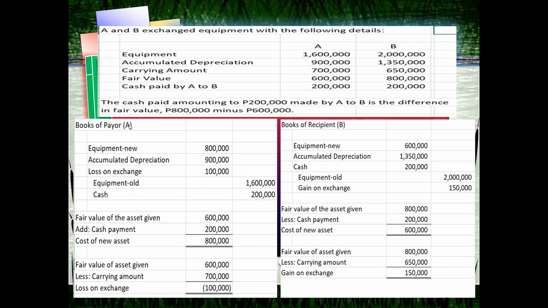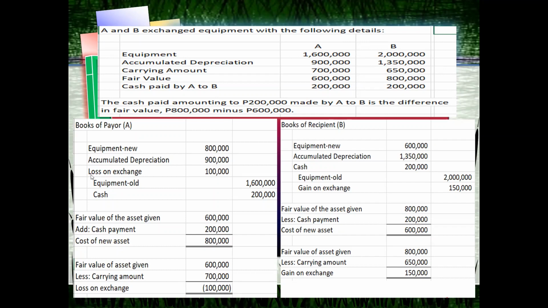So yung kay A. So to record this transaction, you just have to debit equipment new at the cost of the new asset, which is 800,000. So since i-recognize na natin yung equipment na old, dapat tanggalin natin lahat ng mga accounts na related sa kanya. So here, we debit accumulated depreciation at 900,000.